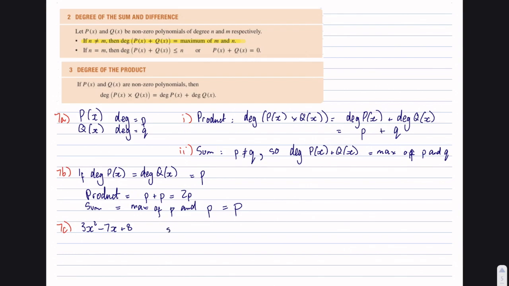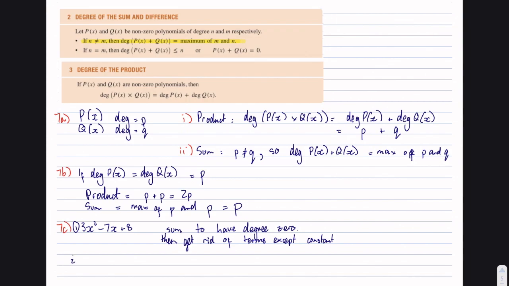If we want the sum to have degree 0, then we kind of have to get rid of all the terms except for the constant term. So for example, my first one could be that.